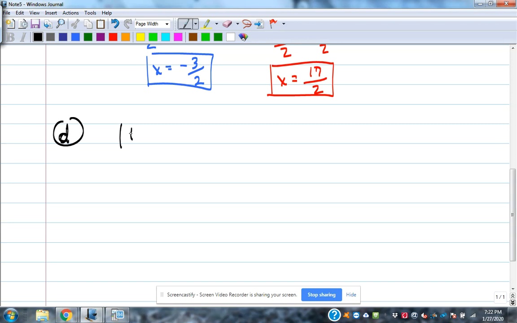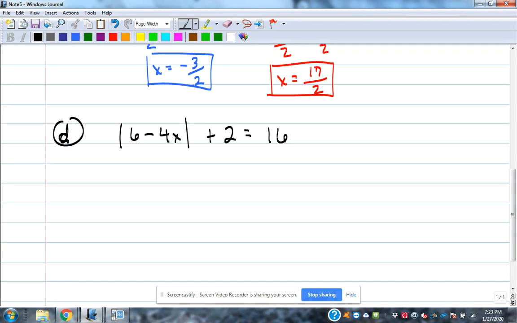Let's do this one. 6 minus 4x inside of absolute value plus 2 is equal to 16. So start kind of adding a little bit to it here. So what's the difference in this one and the examples we did? It's got that plus 2 after it, right?